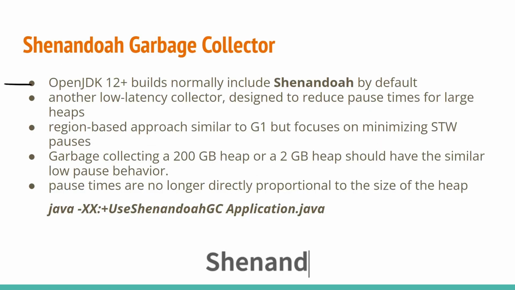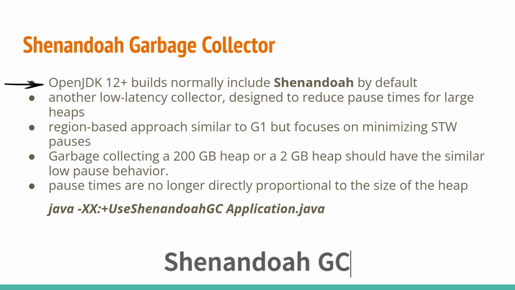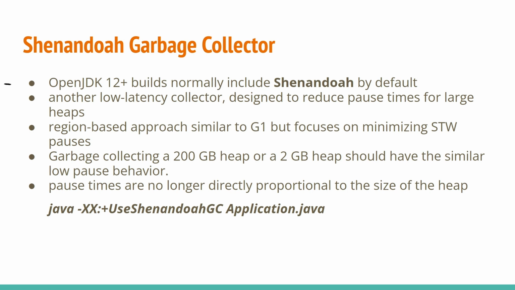Next we have Shenandoah garbage collector. OpenJDK 12 builds normally included Shenandoah by default. It is another low latency collector designed to reduce pause time for large heaps. It also uses a region-based approach similar to G1, but focuses on minimizing STW pauses.